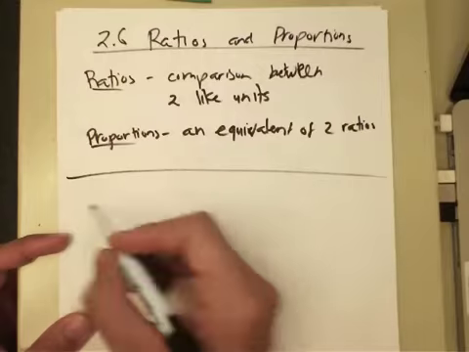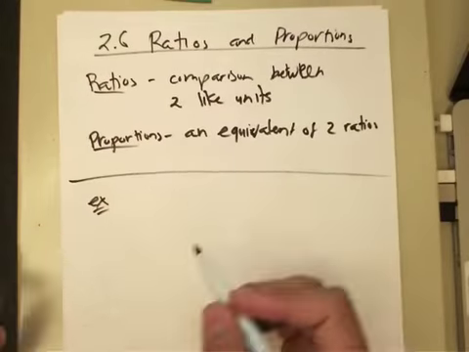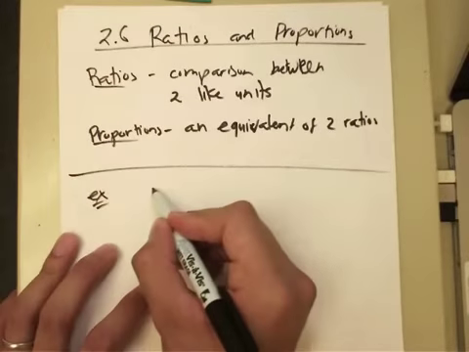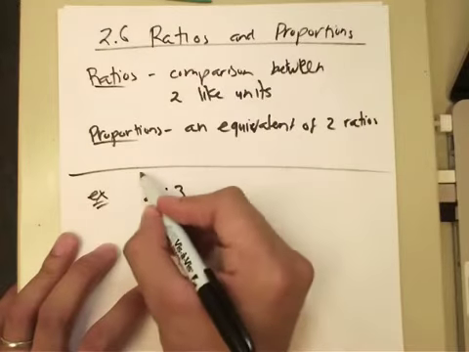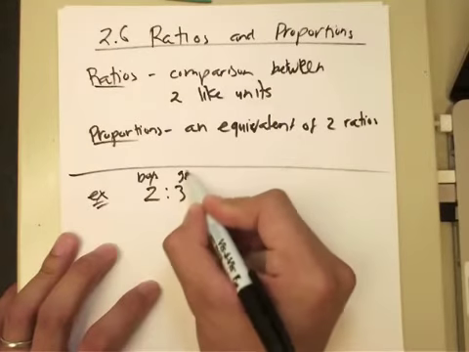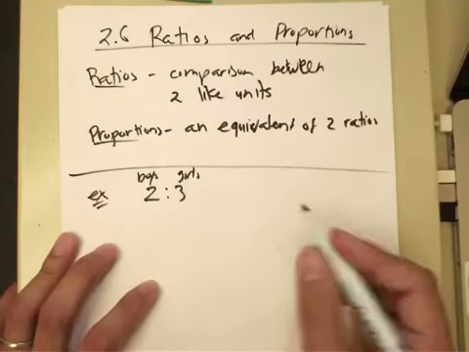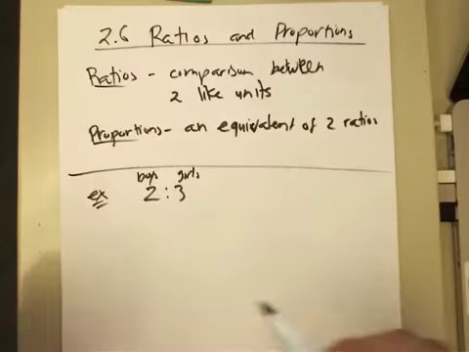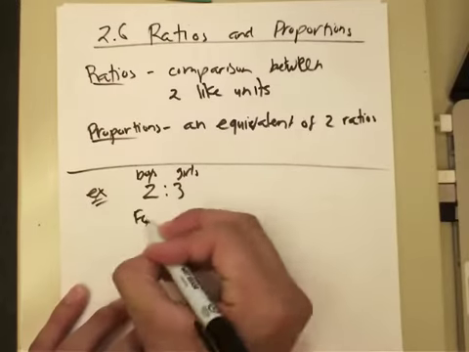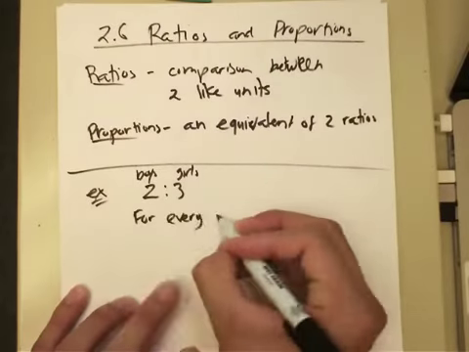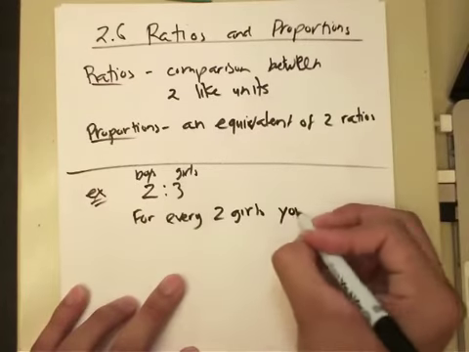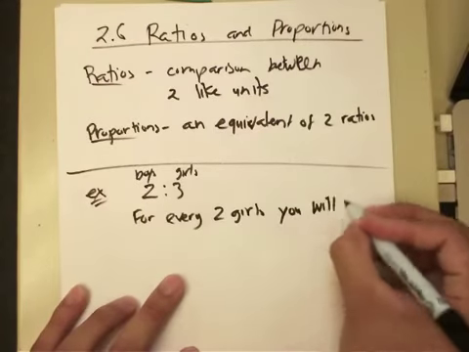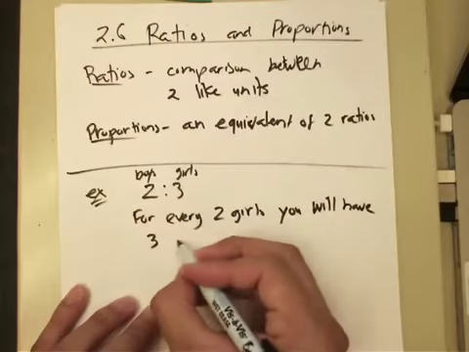So let's talk about our first example here. Pretend I give you a ratio of 2 to 3, and this is to compare boys and girls in a class. Okay, it's a 2 to 3 ratio. What it simply means is that for every 2 girls, you will have 3 boys.